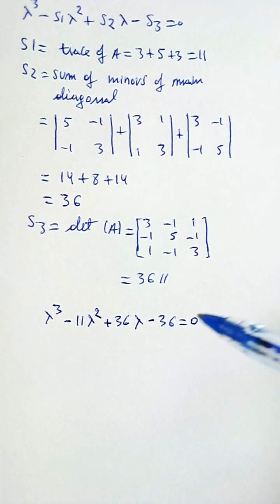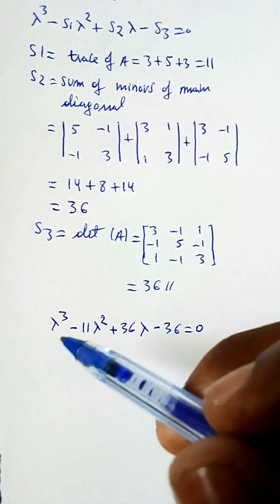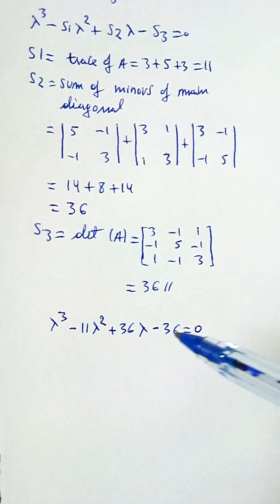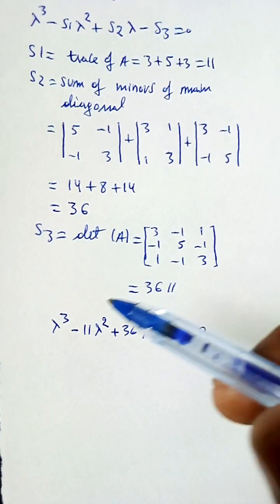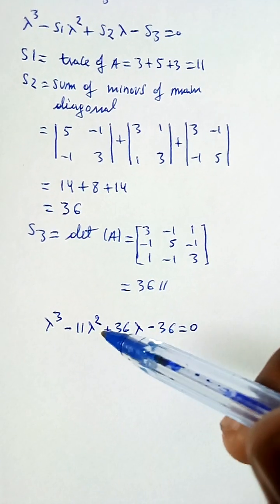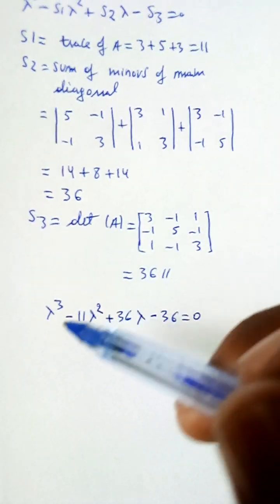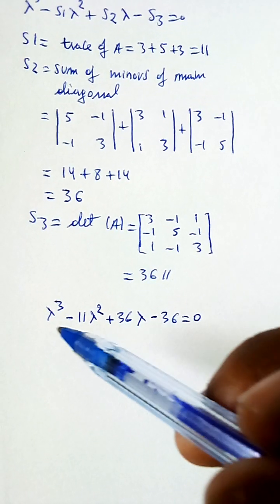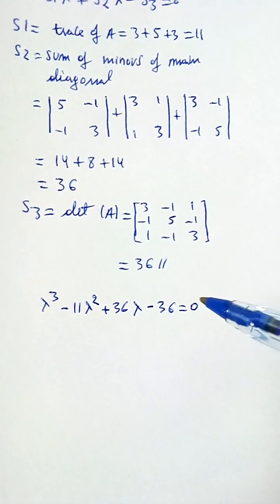If it's not equal to 0, you try 2. You replace lambda by 2 and check if it gives you 0. If it doesn't give you 0, you check 3.